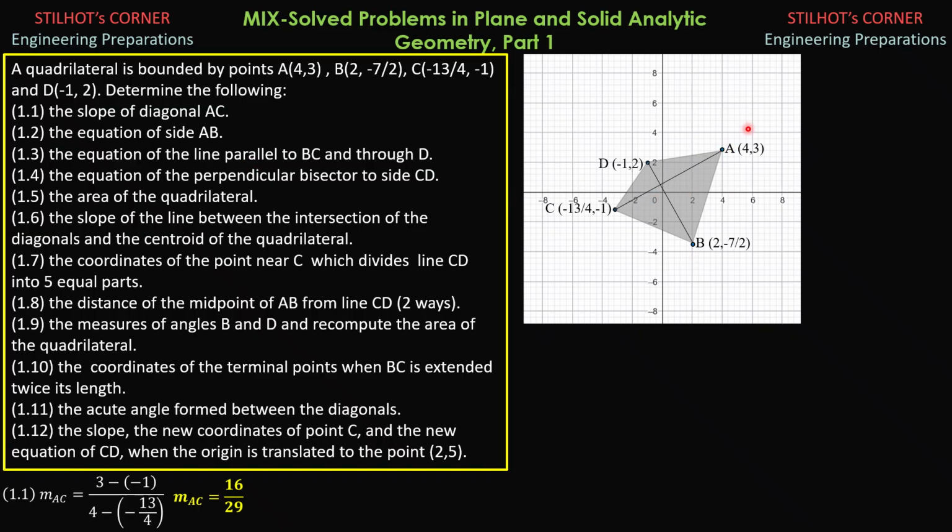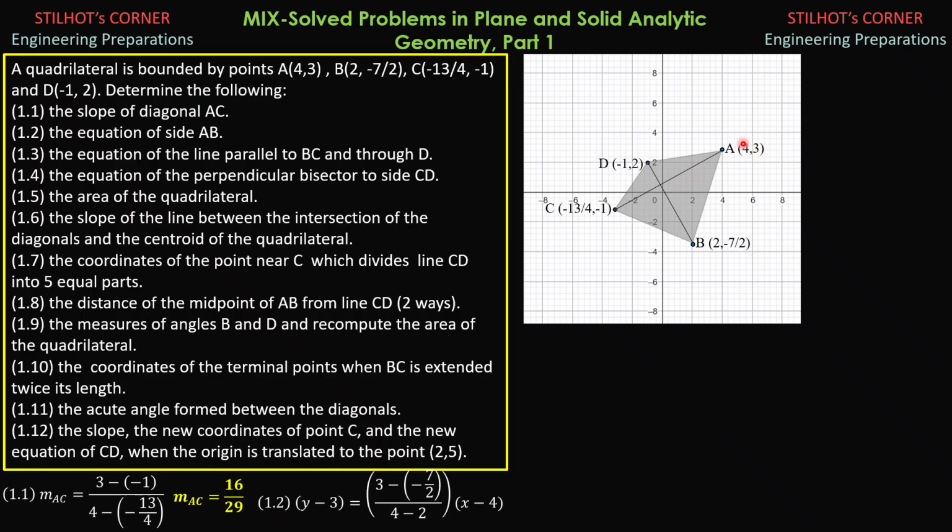To determine the equation of side AB, we need the slope first: 3 minus negative 7 halves. Let's use point-slope form.